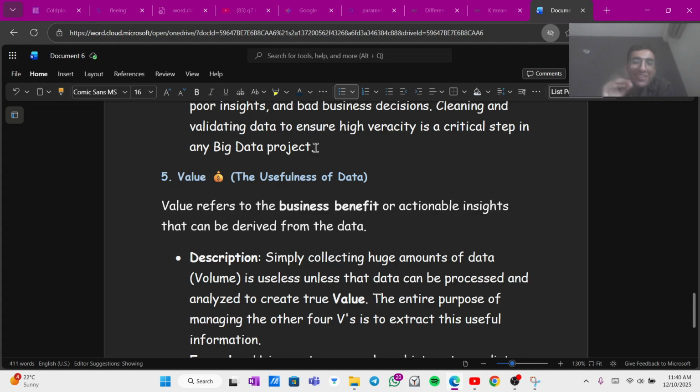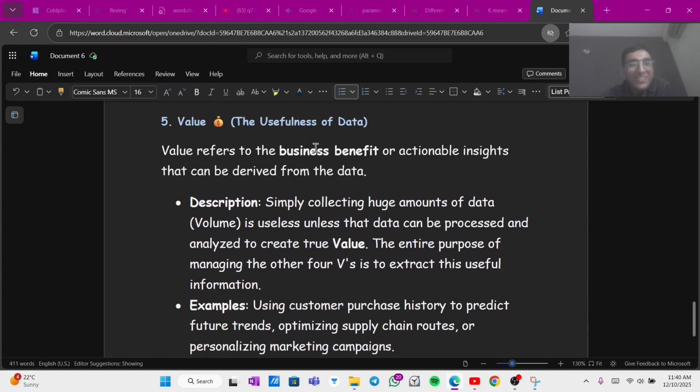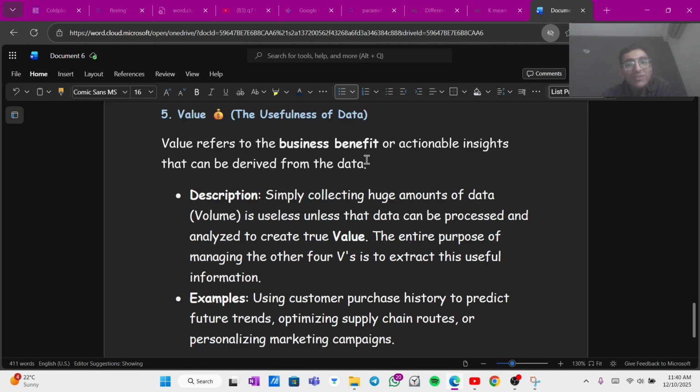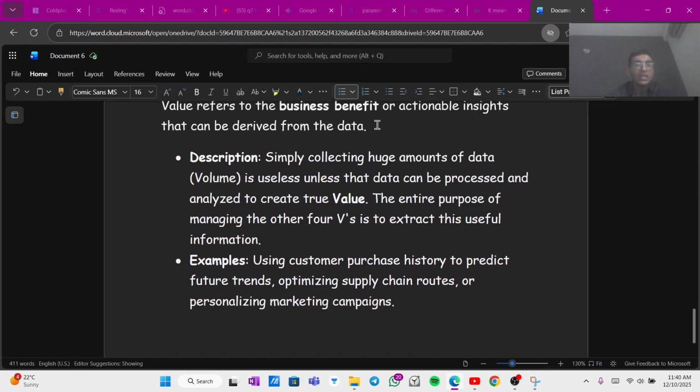And fifth, value. How useful is our data? Value refers to the business benefits or actionable insights that can be derived from the data. Simply collecting huge amounts of data is useless, very trivial, nugatory, unless the data can be processed and analyzed to create true value.